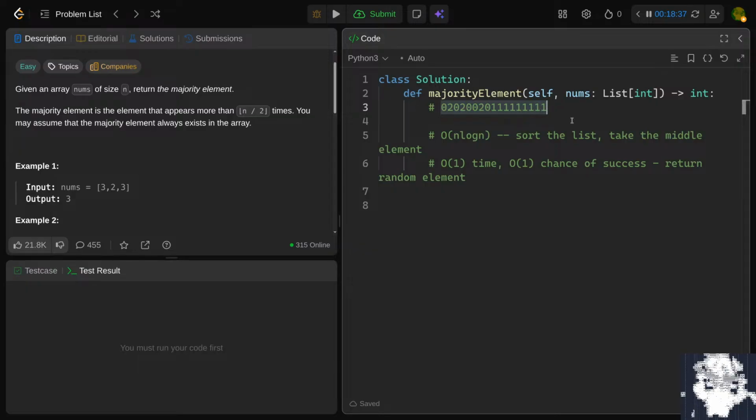Okay, I'm kind of going in circles. Is there a way to count, but only guarantee that I've counted the majority element? I don't see how.